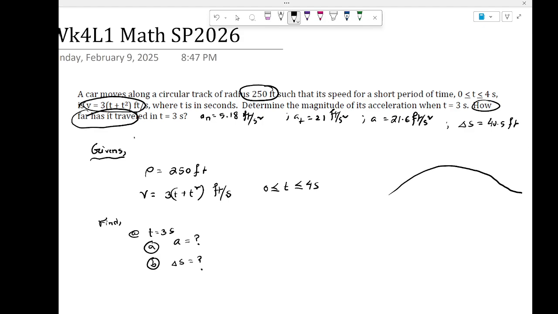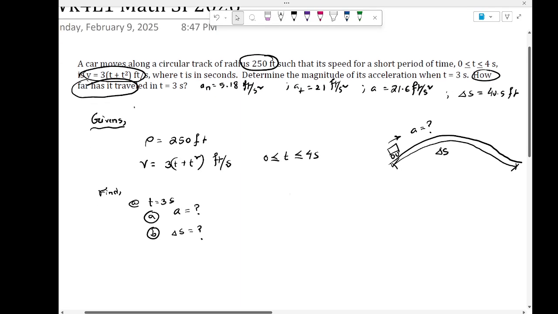So this is your path of travel, like a car that is moving from here. So they are asking, what is the del S? The path that it traveled, right?